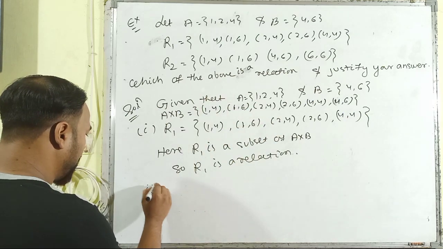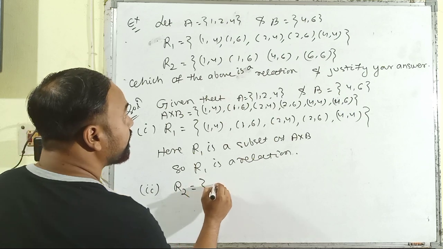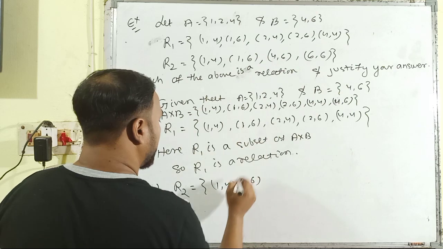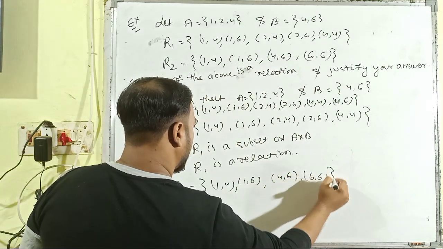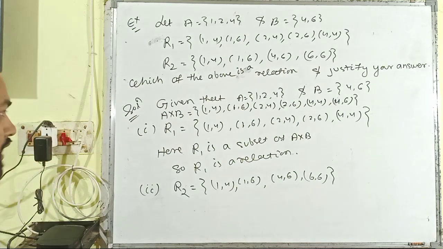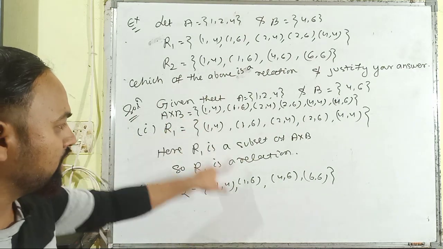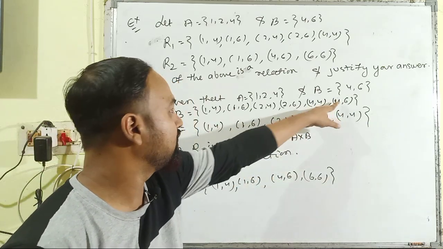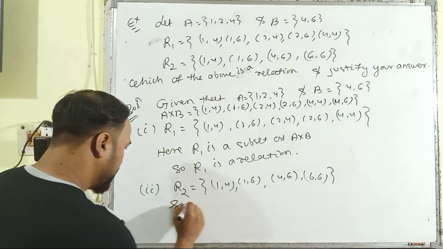Then moving towards the second set. Given that R2 is equal to {(1, 4), (1, 6), (4, 6), (6, 6)}. And you can see that R2 is not a subset of A cross B, because (1, 4) is here, (1, 6) is here, (4, 6) is here, but (6, 6) is not in the Cartesian product.